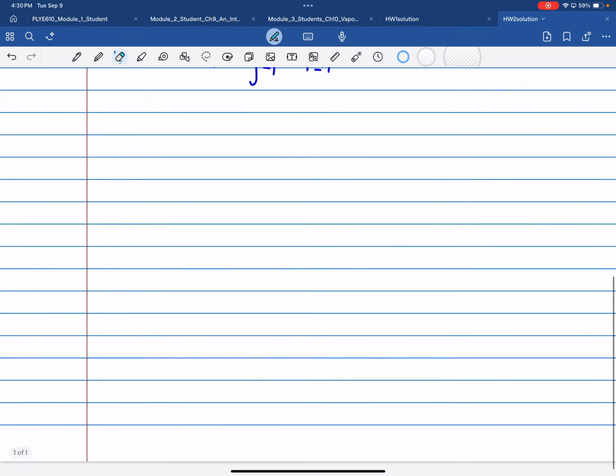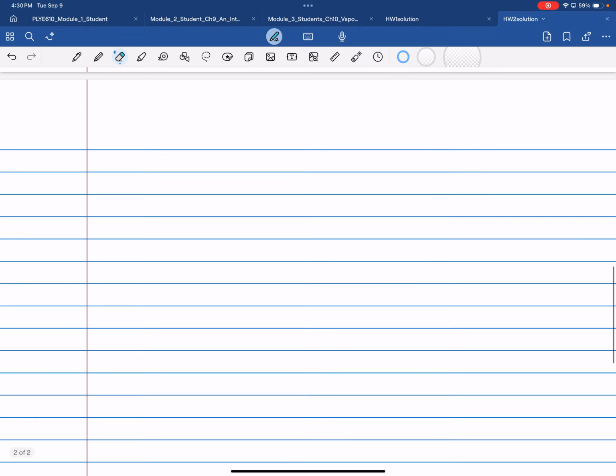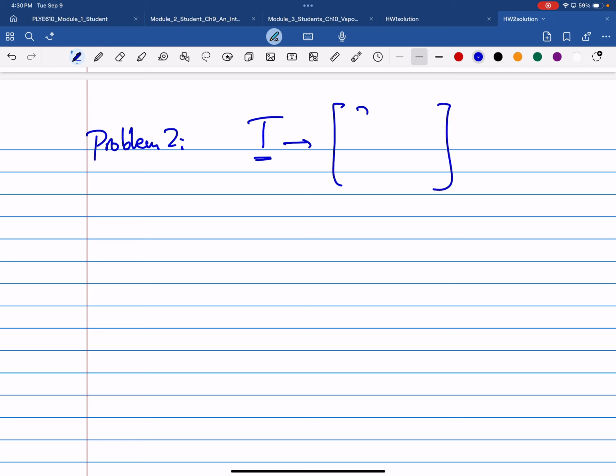Okay, the next problem is pretty straightforward. You have a tensor T represented by a 2 by 2 matrix, 3, 3, 1, 1. It's a symmetric matrix. We want to find the principal values, basically eigenvalues, of this.